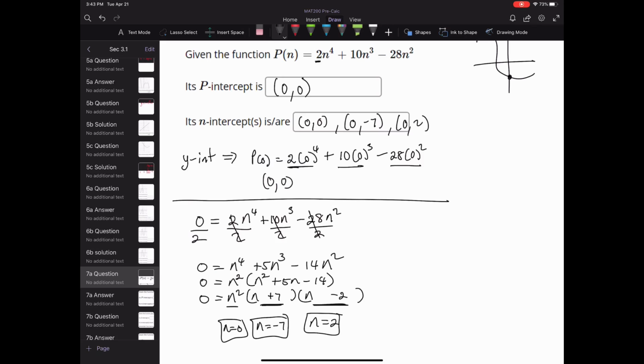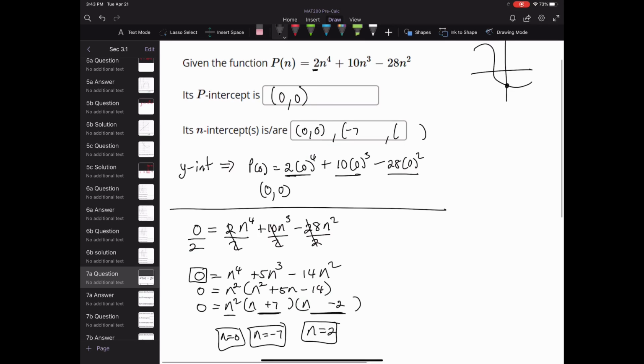Sorry about that. The n-intercept is when y is 0. Y must be 0. So it should be -7, 0, and 2, 0. It's okay to make mistakes.